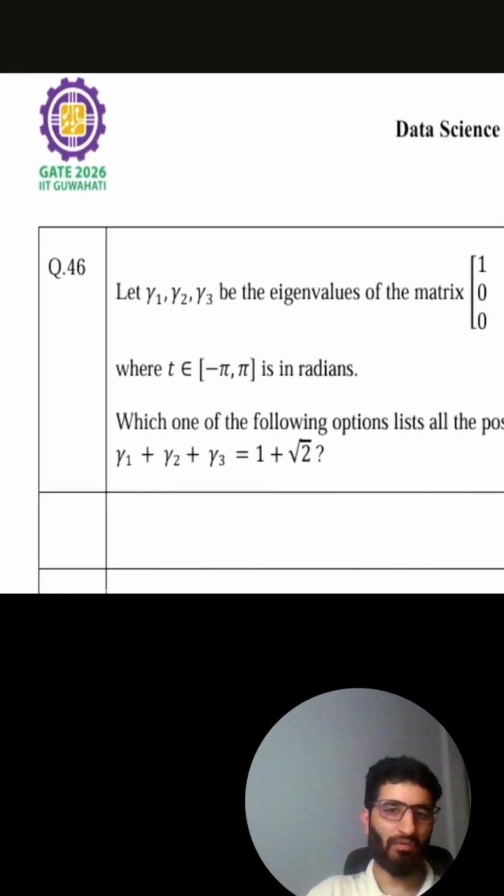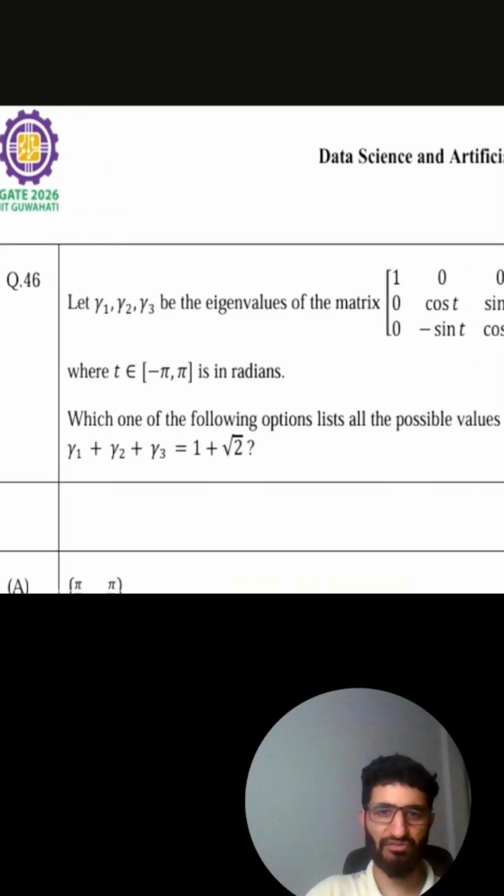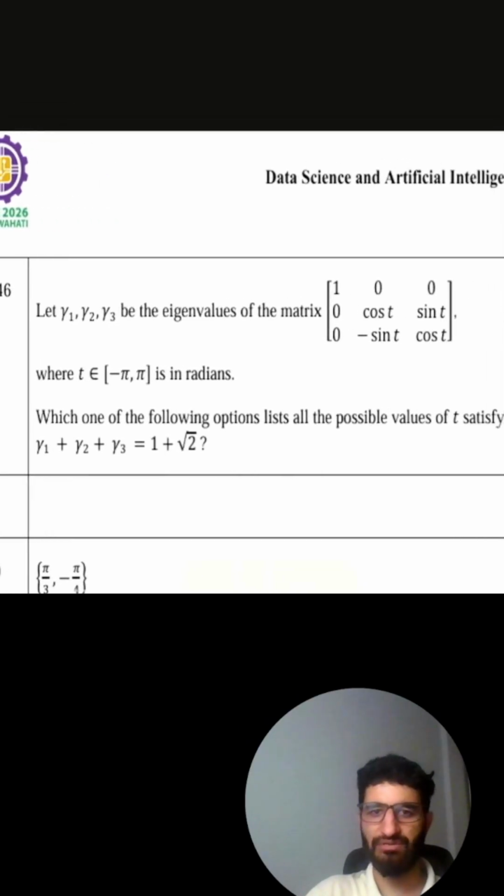Well, let me make it clear that the goal here is not to get the answer of the question directly, but to see what this matrix is actually doing and what the eigenvalues and eigenvectors of this matrix could be.